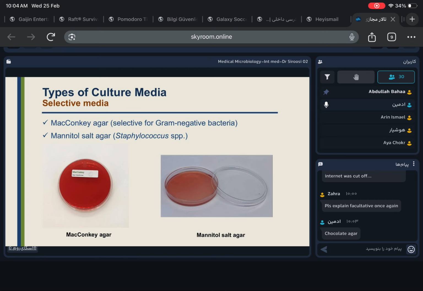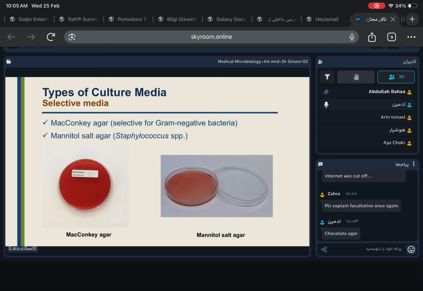So another type of culture media are selective media. Selective media contain inhibitors that suppress the growth of unwanted microorganisms. So there are some inhibitors inside this type of culture medium which inhibit the growth of a specific group of bacteria. For example, we have MacConkey agar. You're seeing the MacConkey agar here.